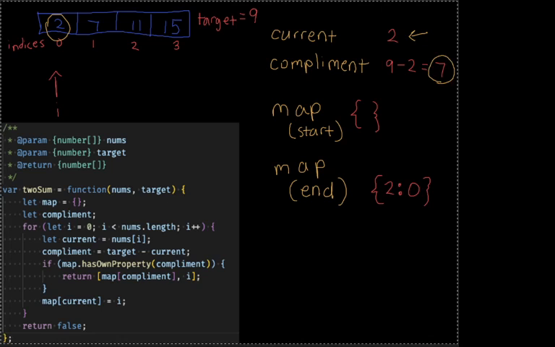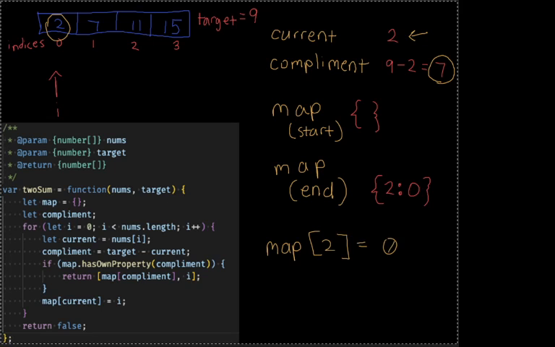Of course, in the beginning, the map does not have anything inside of it. So at the end, what you have is you store a map of 2, and the value is going to be the current index, which is 0. So obviously with that, you don't have an answer. So we're going to move on to the next step.